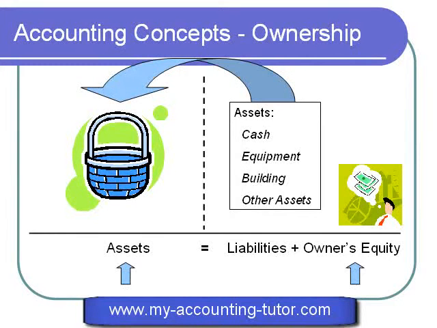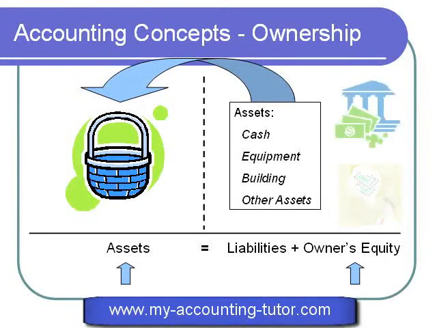There is another way, though, that the company might obtain assets. A creditor might contribute them to the business instead of the owner. The most obvious example would be the company goes to the bank and arranges for a loan. The bank provides cash to the business, and the owner of the business signs a promissory note agreeing to pay back the amount of the loan with interest at some future date.